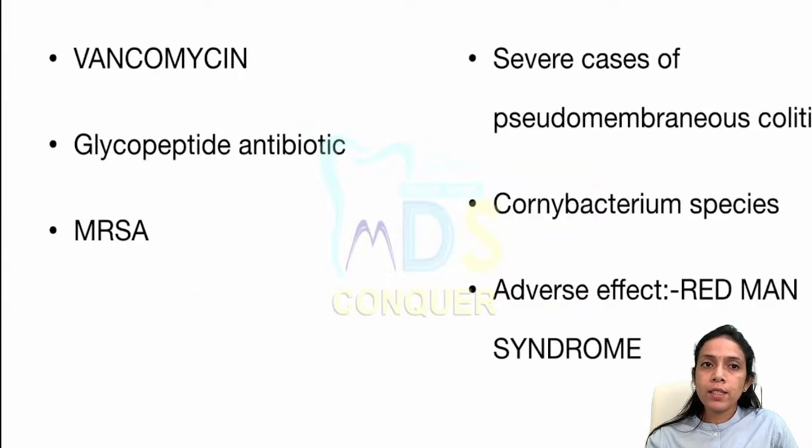Vancomycin is a glycopeptide antibiotic. It is given in MRSA, that is methicillin resistant Staph aureus. If the patient is again resistant to vancomycin, you can go for linezolid. It is also given in severe cases of pseudomembranous enterocolitis, where metronidazole and vancomycin can both be given as treatment of choice.